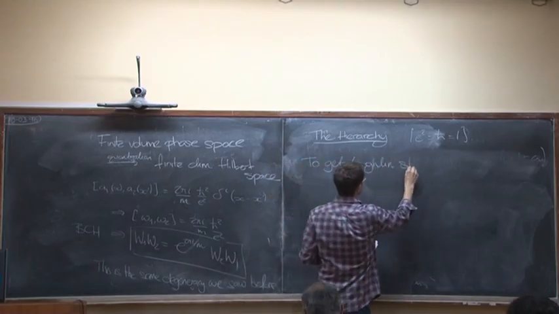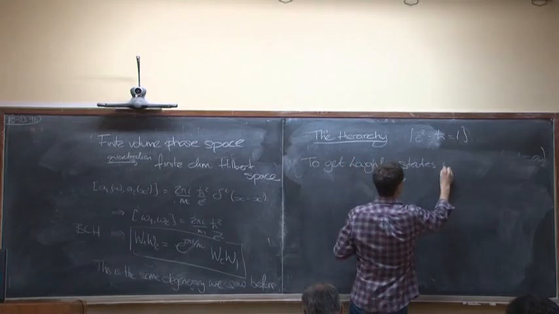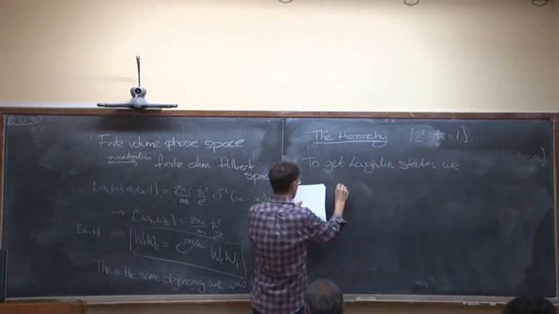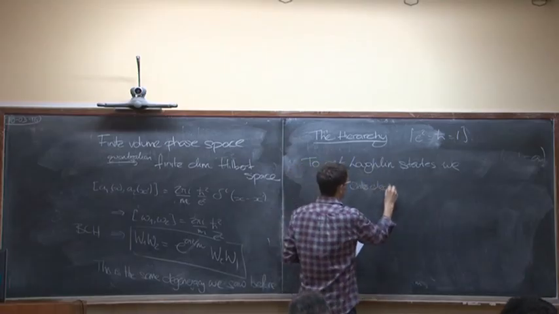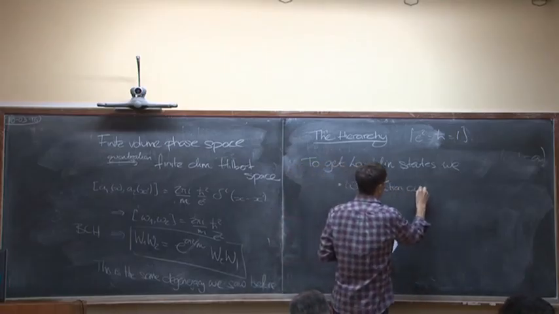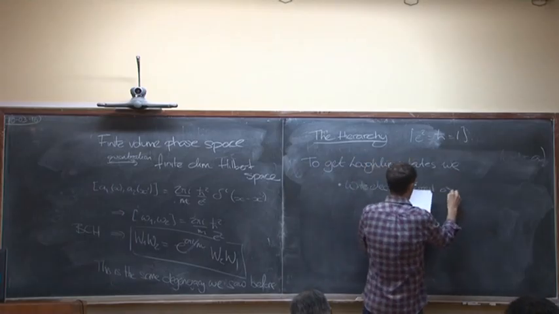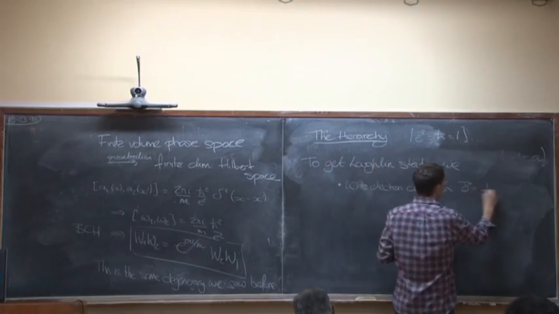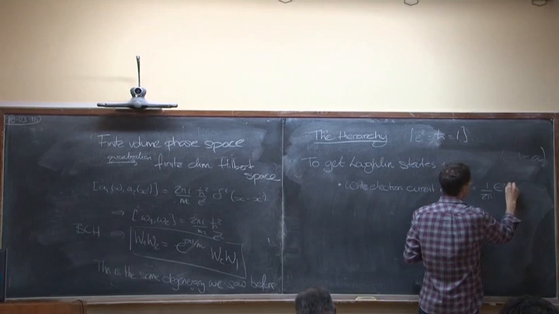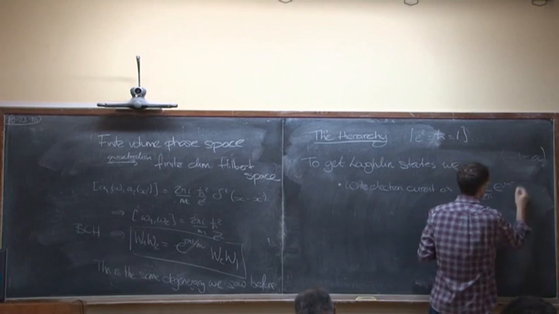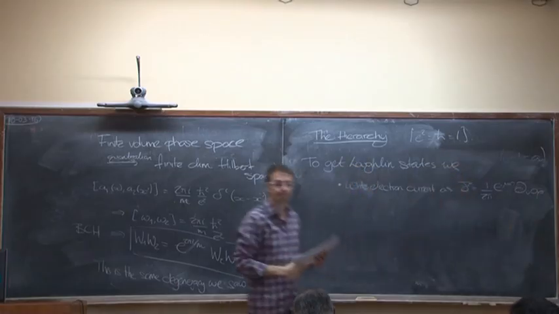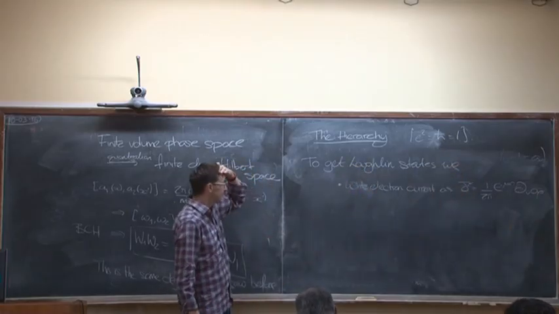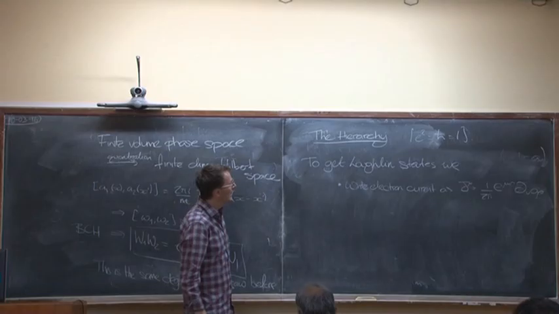So to get Laughlin states, what did we do? The first thing is we write the electron current as J^ν = (1/2π) ε^{νμρ} ∂_μ a_ρ.